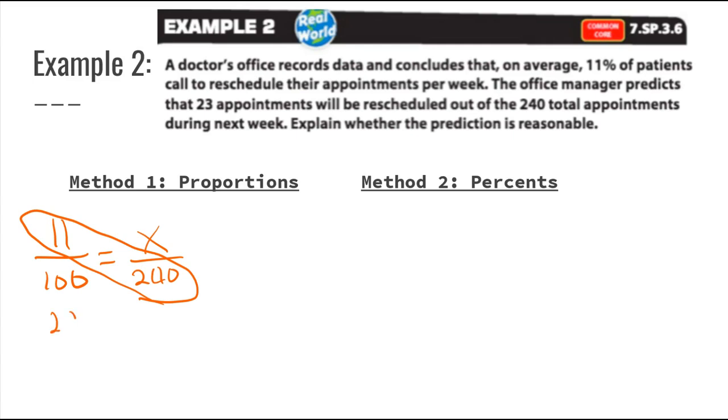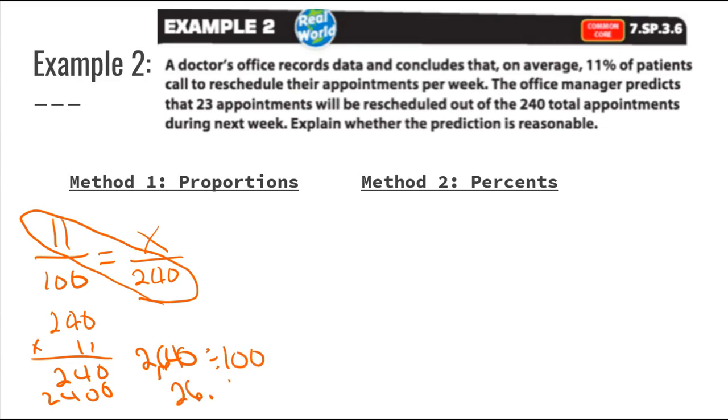So we'll start by doing 240 times 11. And you get 2,640. Divide by 100 means I move my decimal point over 2 places, and I get 26.4 people. Obviously, we can't have 0.4 of a person, so it's about 26 people.